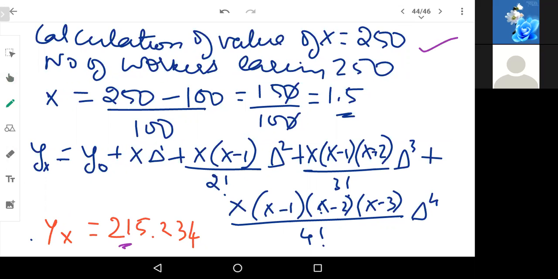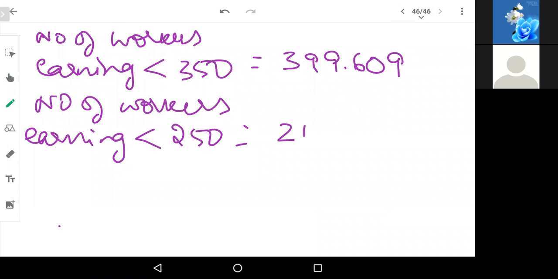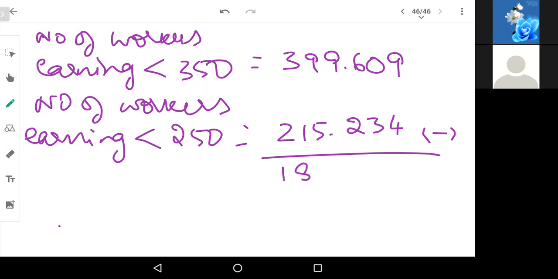So the value is 215.234. Now find the difference. Subtract these two. You will be getting 184.375. So this is the number of workers who are there between 250 and 350.